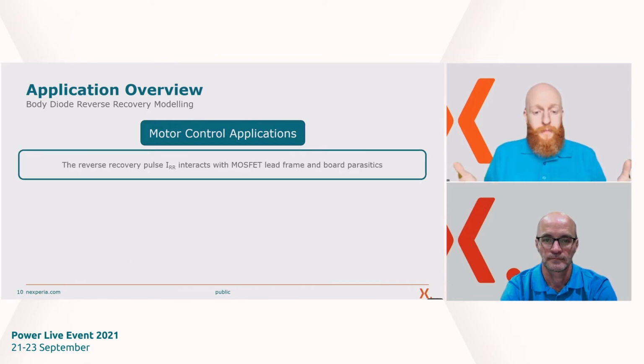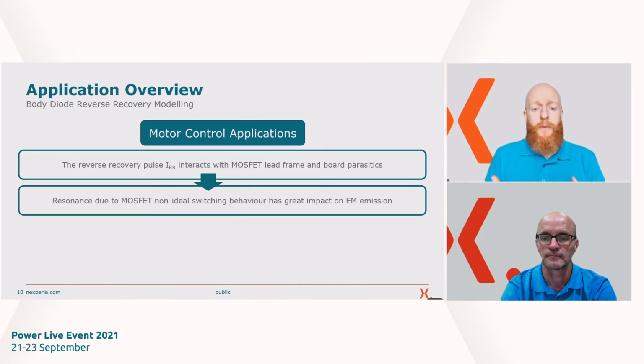So, for example, these high currents, as well as charge being extracted from the MOSFET, are creating an interaction with your PCB design. So what happens is on your PCB, you're going to have traces which aren't going to be ideal. They're going to have some inductance associated with them. And also within the MOSFET, there's going to be some capacitances.